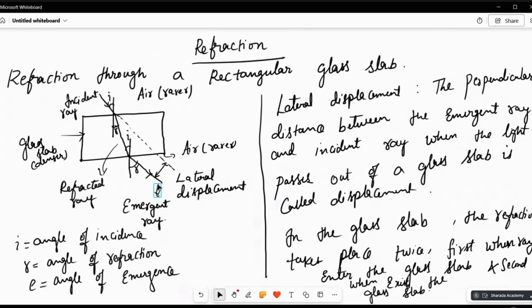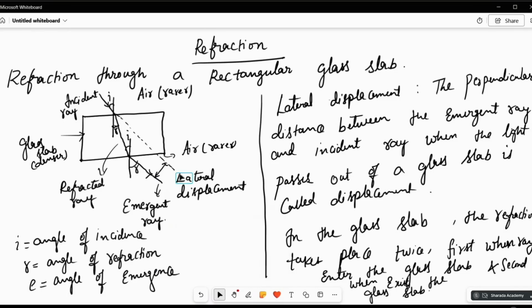So the ray which is coming out, we call it the emergent ray, the ray that comes out after two refractions. Now incident ray, just extend and see. That's why I've written dotted. Just extend and see how that incident ray would have come if there was no glass slab.